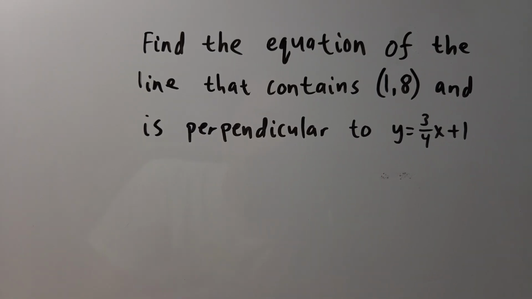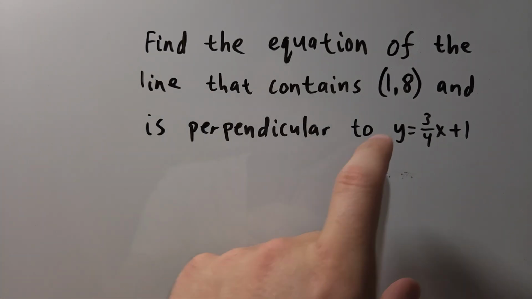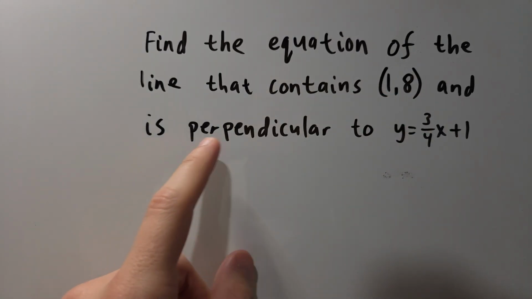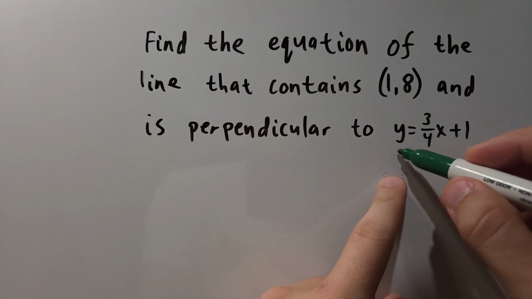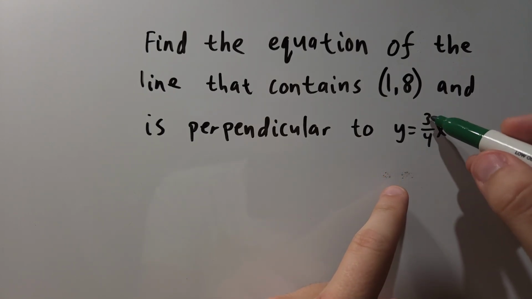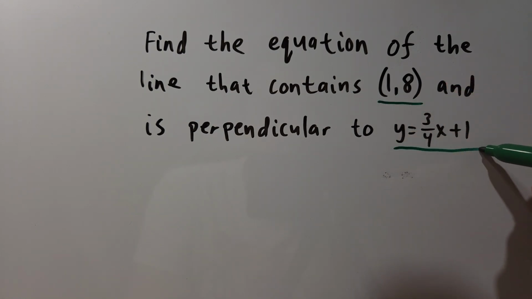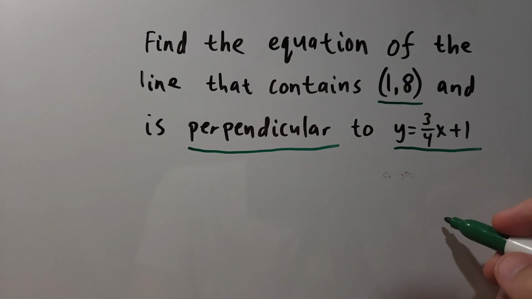We may be asked the following: to find the equation of the line that contains a specific point, in this case (1, 8), and is perpendicular to a line given, in this case y equals 3/4 x plus 1. So we're given the point and the equation and perpendicular.